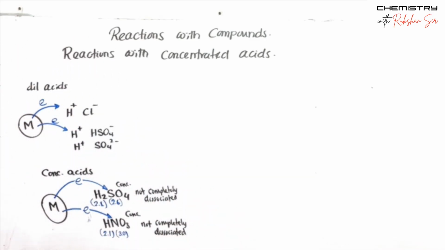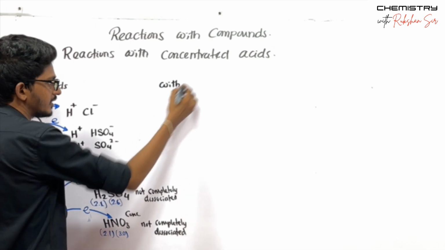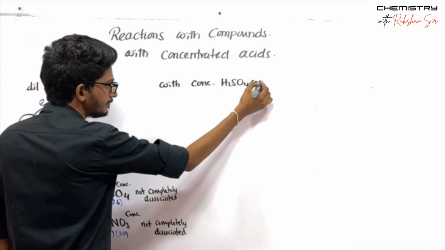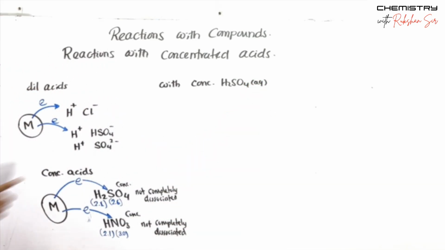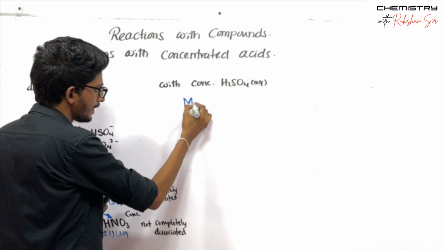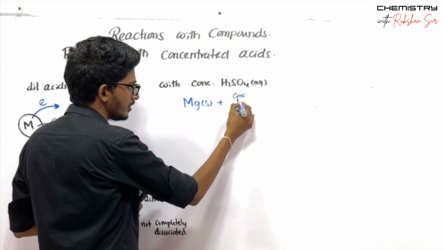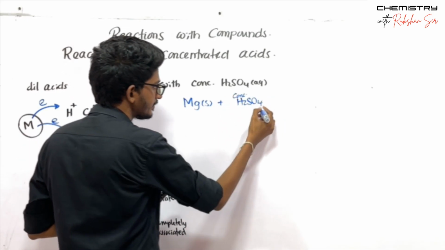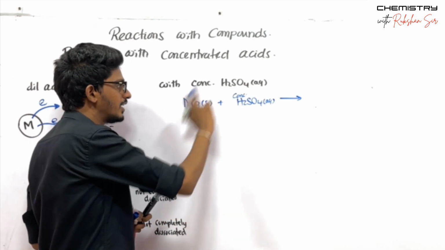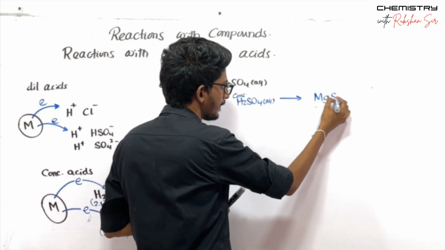So let's come up with the reactions then. If you are considering conc H2SO4, a very little amount of water is there. So the reaction would look like this, let's take magnesium. Magnesium will react with conc H2SO4 to produce, the magnesium oxidizes to Mg2 plus and connects with the anion, that is magnesium sulfate.